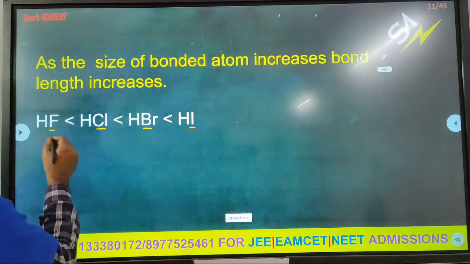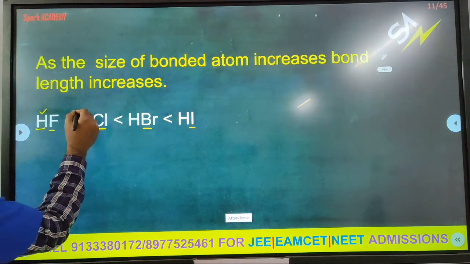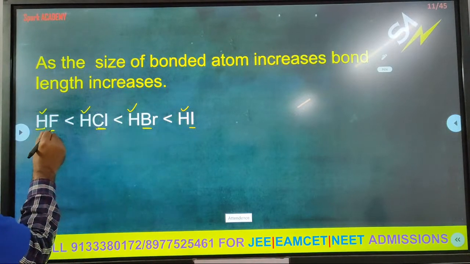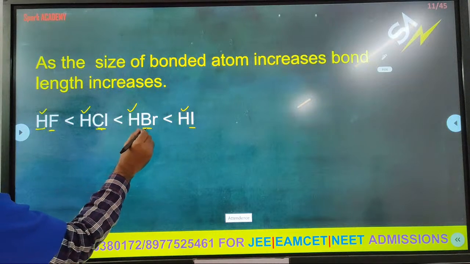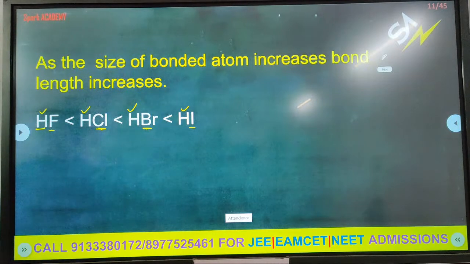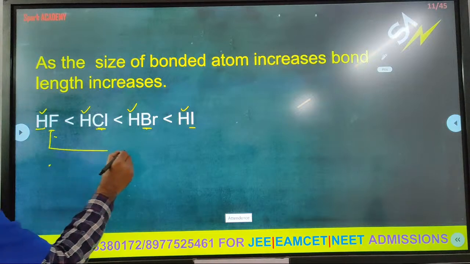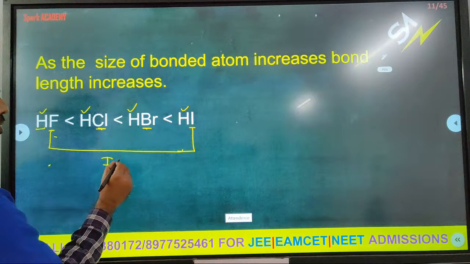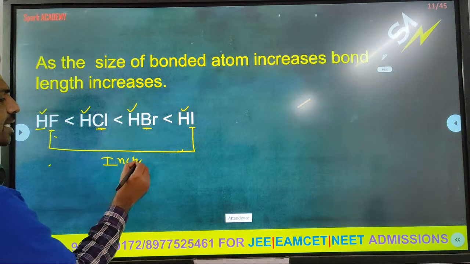Hydrogens are common here, but what is the different element? Fluorine, chlorine, bromine, iodine. Now what about the size of the bonded atom? Bonded atom size increases from fluorine to iodine.